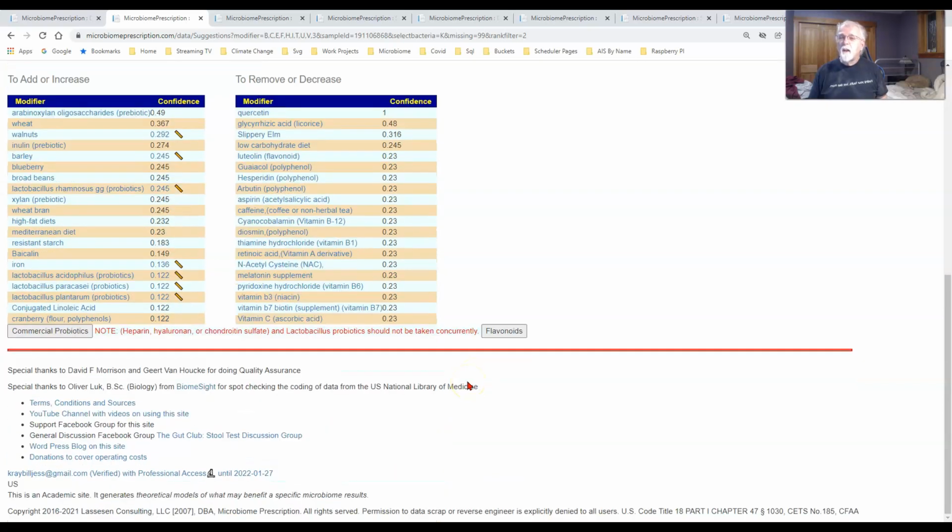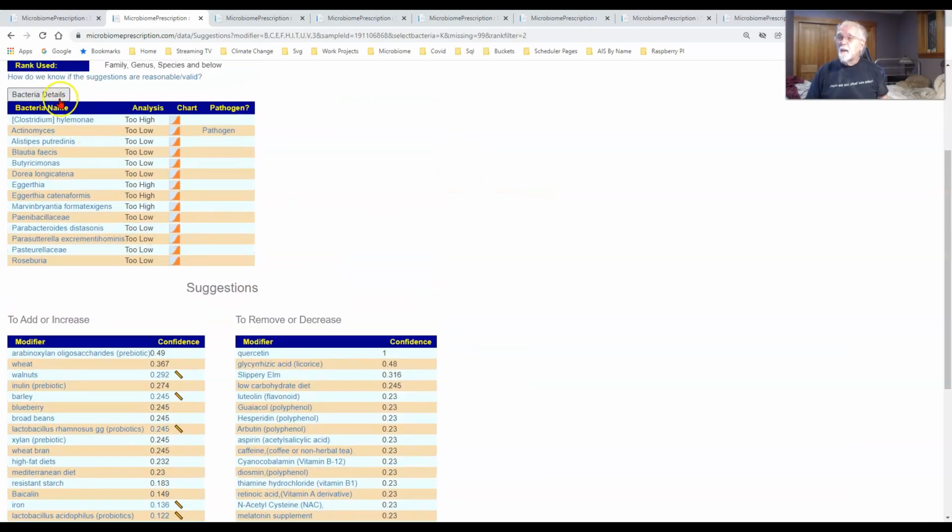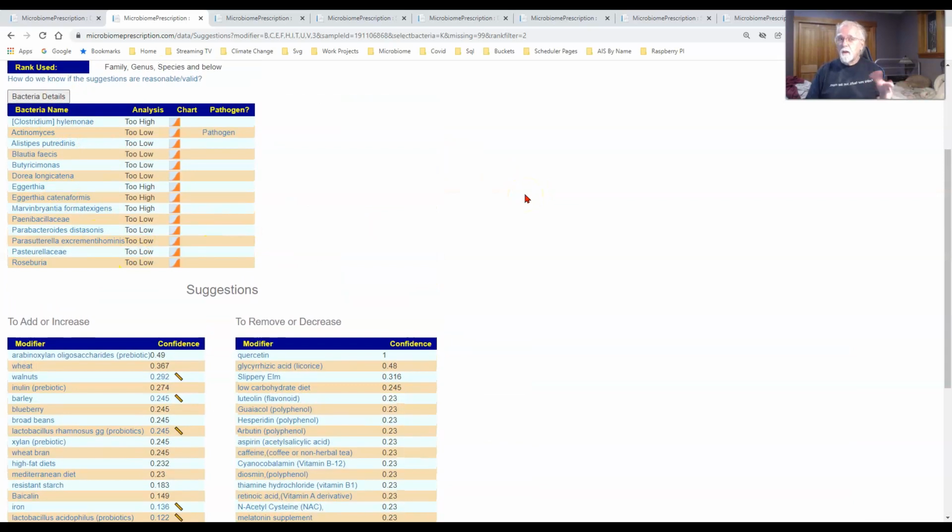So we have this suggestion done, things to avoid. Again, we find we only have one thing over a 0.4 threshold, and we have a bunch of things on the avoid list. For example, quercetin, which was to avoid from our earlier list, is here again. Glycerin. The key thing is different bacteria, or not quite the same bacteria, but different combinations, but still the same action or desire for it to be done.